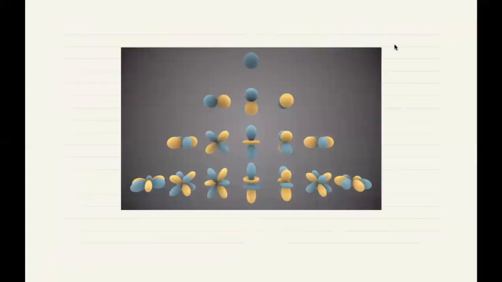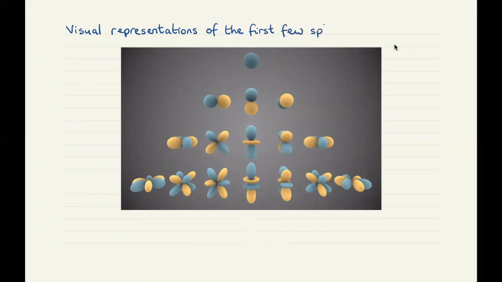Let's take a look at what these actually look like. So these are visual representations of the first few spherical harmonics. And this is taken from Wikipedia.